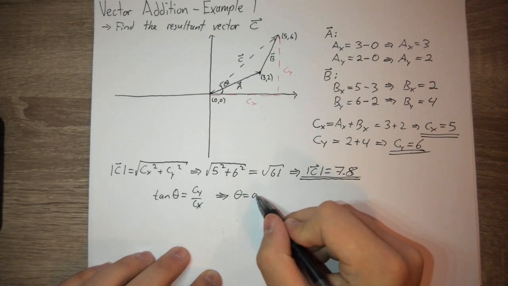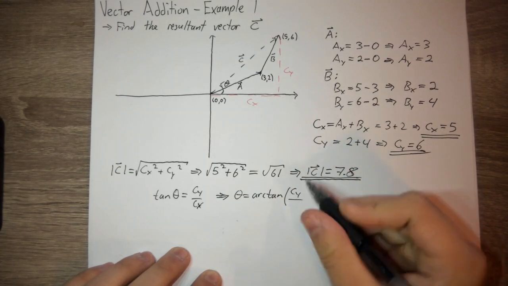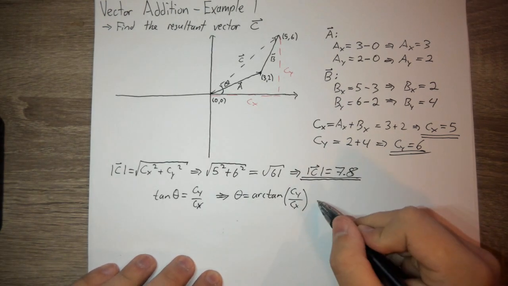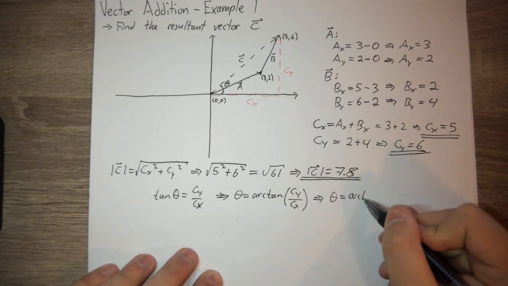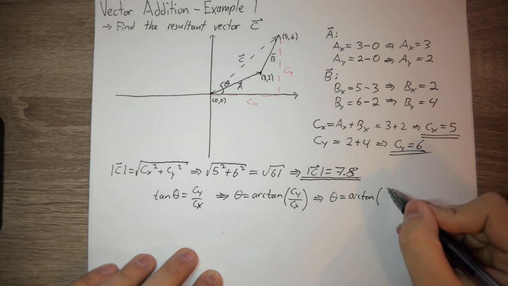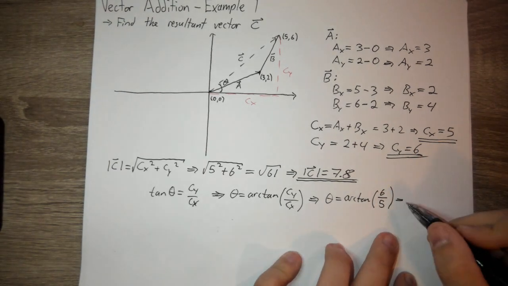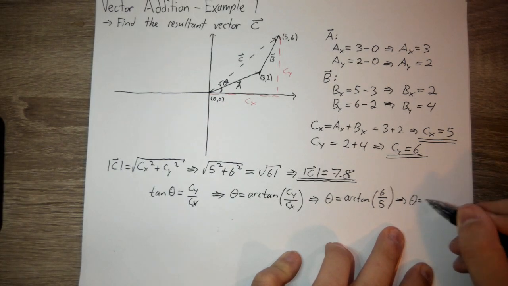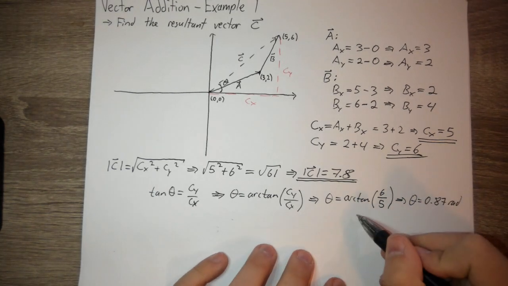So we'll solve for theta by using our arctangent function, our inverse tan. And then we can just plug our values in. It would be arctan of 6 divided by 5, which in radians, if your calculator is in radians, it would come out to 0.87 radians.